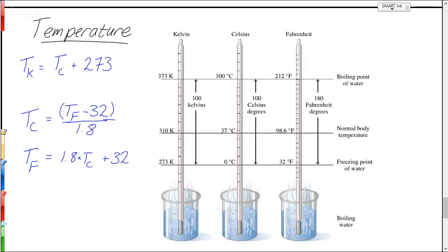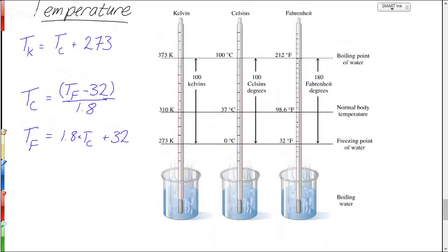On modern graphing calculators, scientific calculators, if you just type a number minus 32 and then divided by 1.8, all in one string, it'll divide by 1.8 first, and then do the subtraction, and you'll end up with the wrong number. So you got to remember to do the subtraction first in that one.